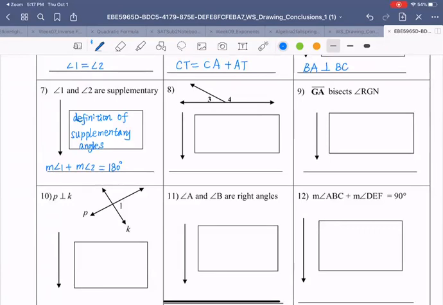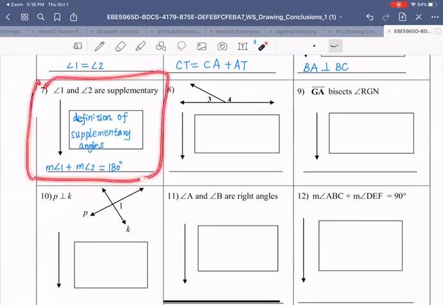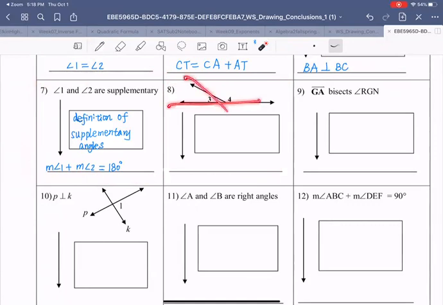Listen, Brian, I have homework for you for today. I want you to make your own cards. Do you have flashcards at home? Yep, index cards. Make cards for each question. The first time you just draw it, don't write anything.